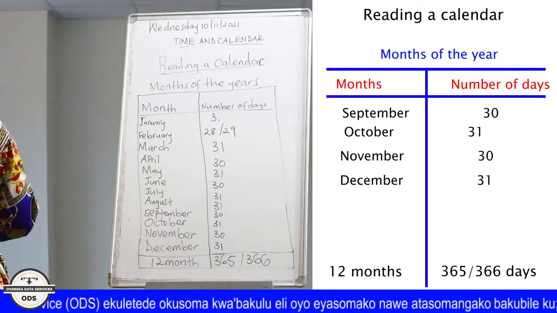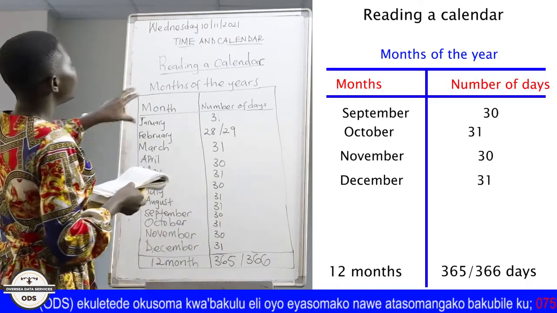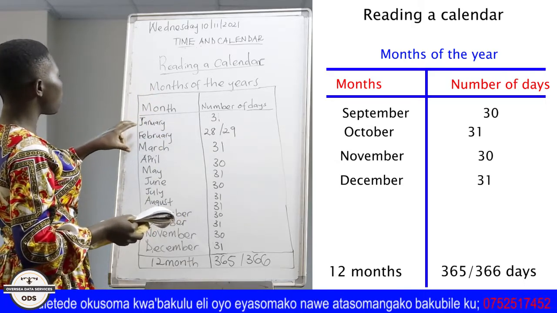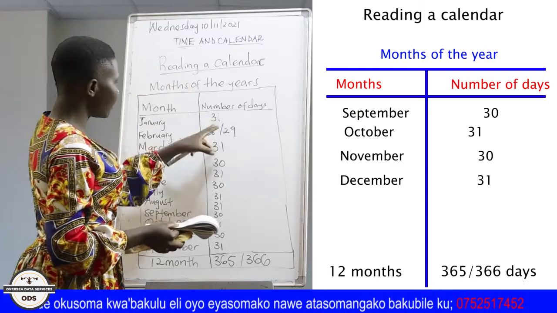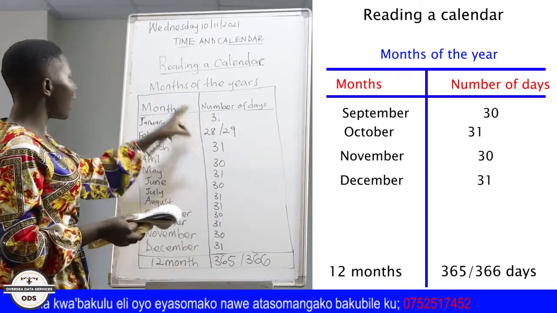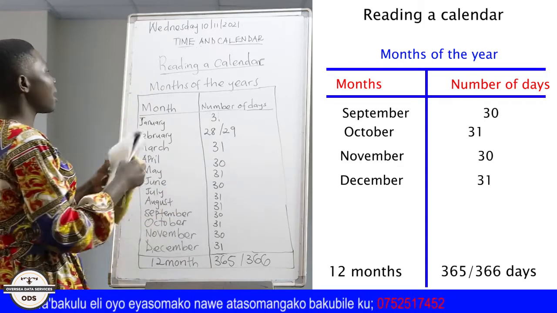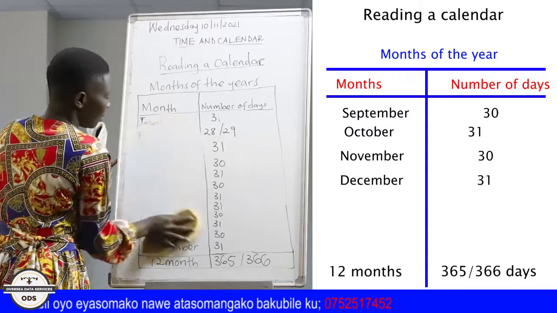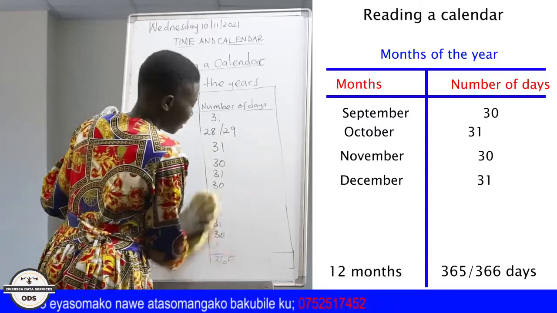Okay, now as I told you that in a calendar we have months and days. We have months of the year and days of the months, as we are going to see in one of our calendars here.